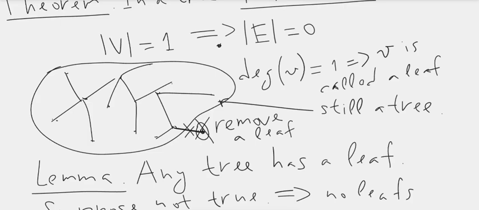It doesn't connect anything else. So it's still connected, and it still doesn't have any cycles, because if there is a cycle somewhere inside, it would be a cycle in the original graph with this vertex that we removed. So it is still a tree.